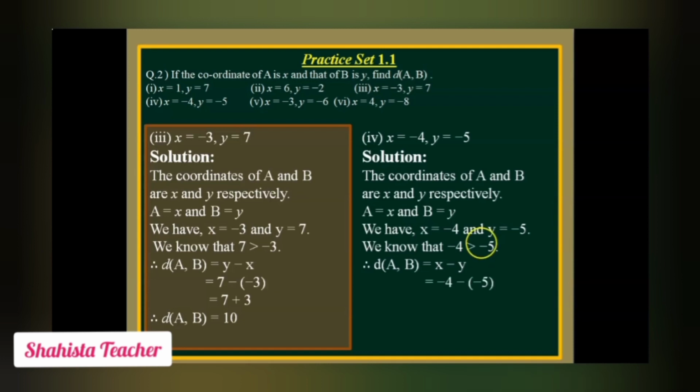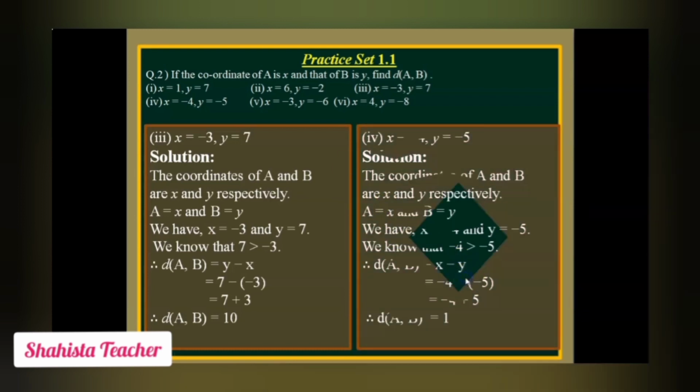So -(-4), this sign is for calculating distance, and this -5 is from y. Okay. Now here -(-4), this minus becomes plus. So minus into minus gives us plus.